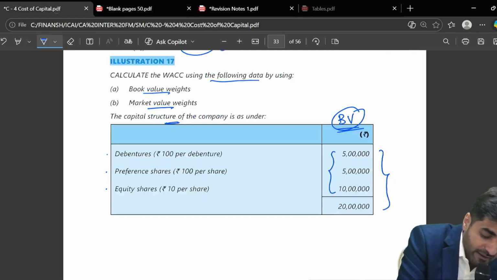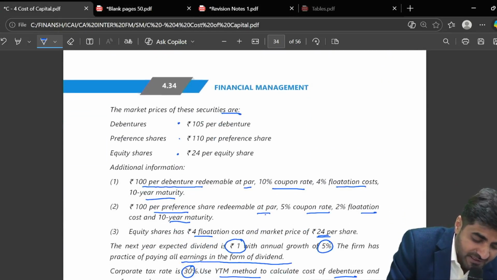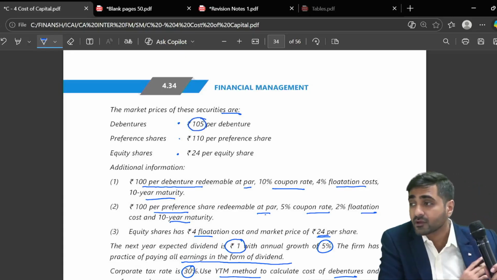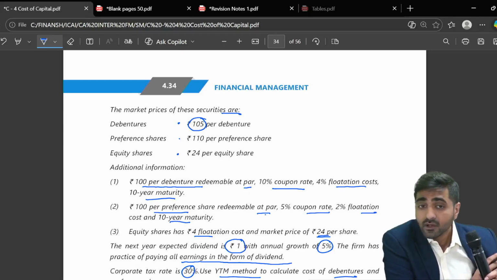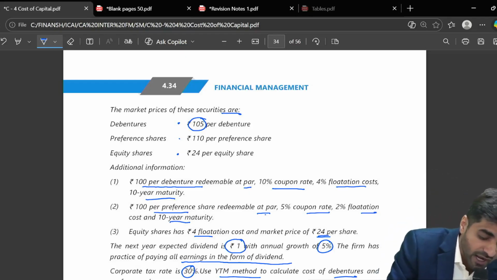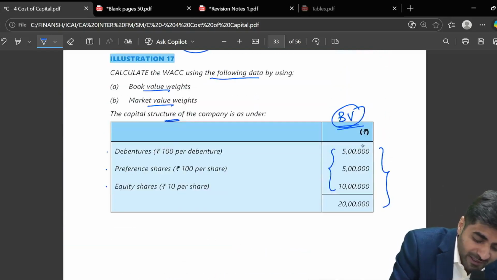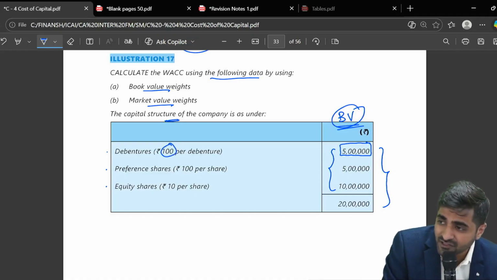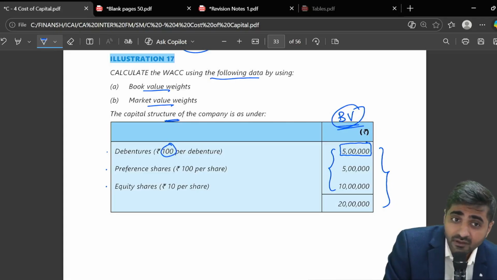Now, in your debt market price, have they given to you the market price, guys? What is the market price they have told you? 105. So now I have to check what are my number of debentures. See, this is 5 lakhs and the face value is 100 rupees. What are the number of debentures? 5,000.